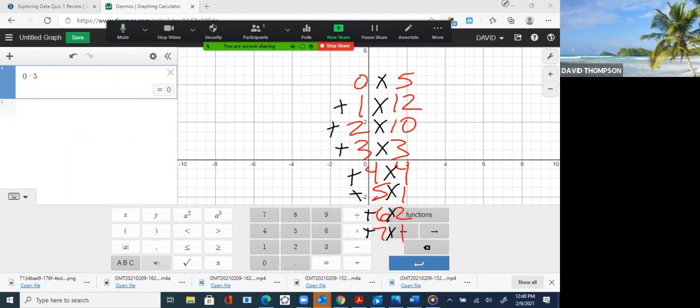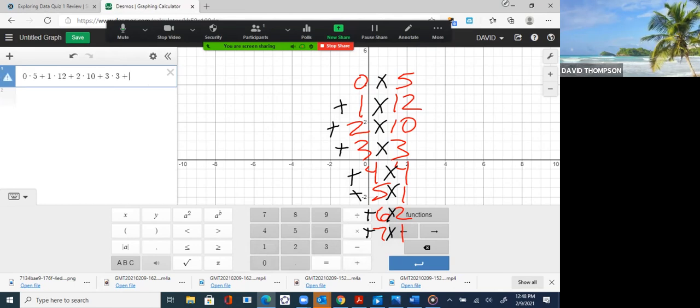So that's what we're going to be doing here. 0 times 5 plus 1 times 12 plus 2 times 10 plus 3 times 3 plus 4 times 4 plus 5 times 1 plus 6 times 2 plus 7 times 1.